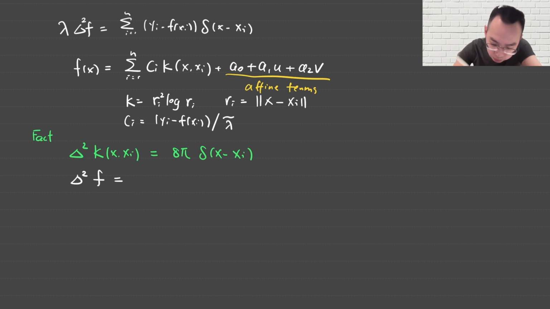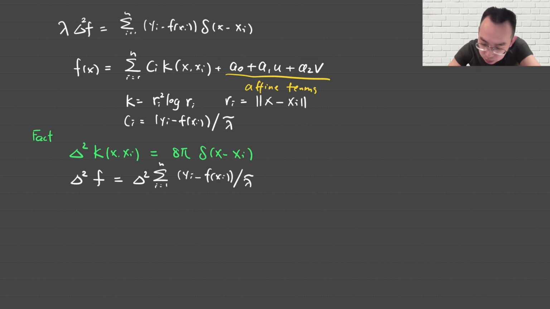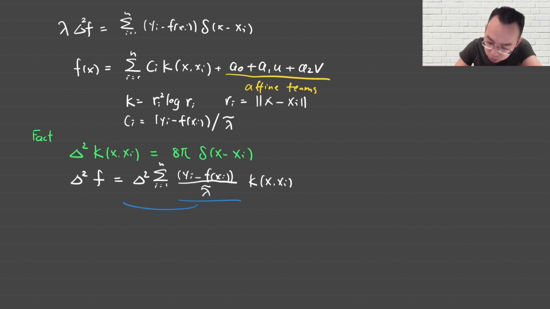And you're gonna have a sum, sum of i equal to 1 to n, of yi minus f of xi divided by lambda tilde, and then we also have the k(x, xi). So this thing is a constant, right? We can just pull it outside.